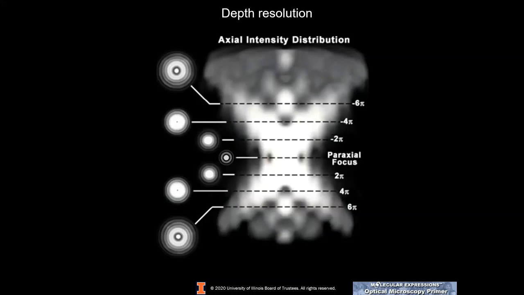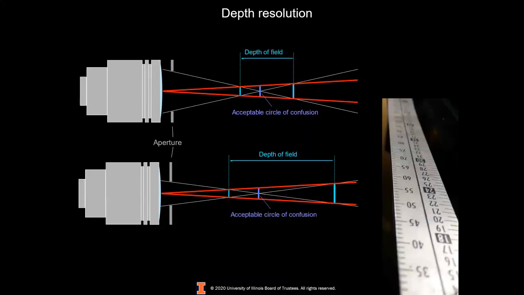A concept that is related to the axial spread of the focused light is the depth of field of the optical system. The depth of field is the length in the axial direction in which we consider our image in focus. Now, if we can evaluate when the image is in focus, we can determine approximately how far the object is from our objective lens, if we know our depth of field.